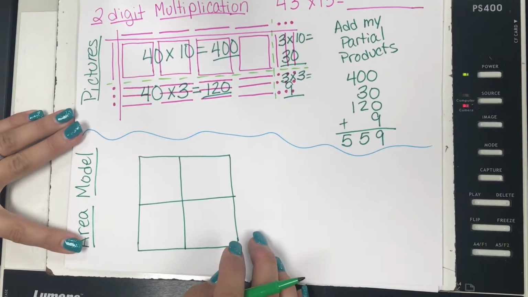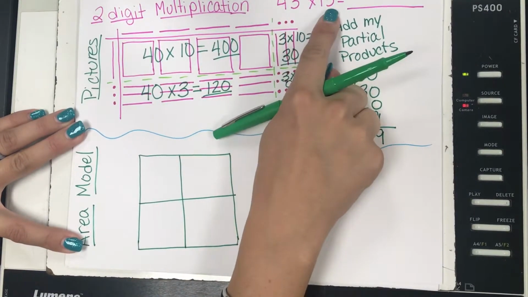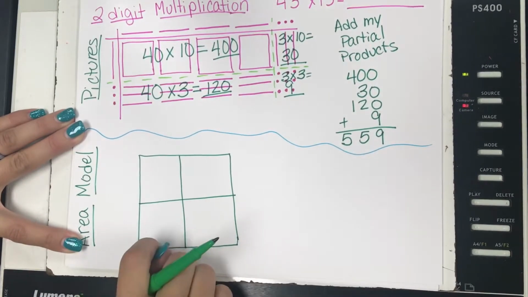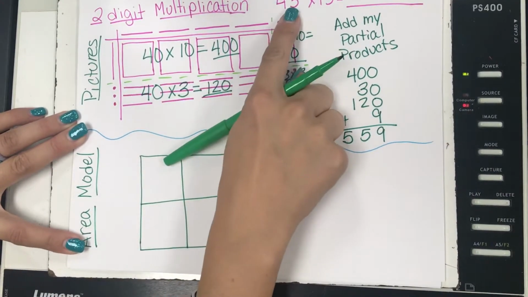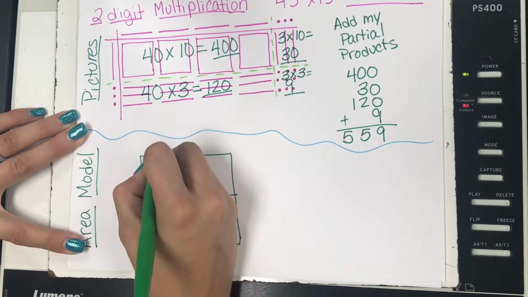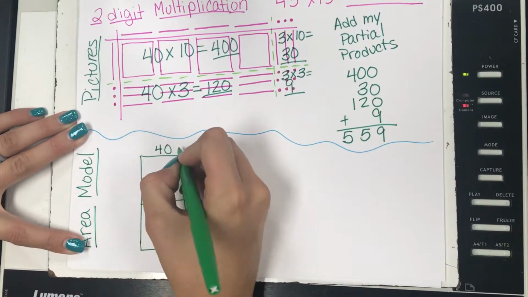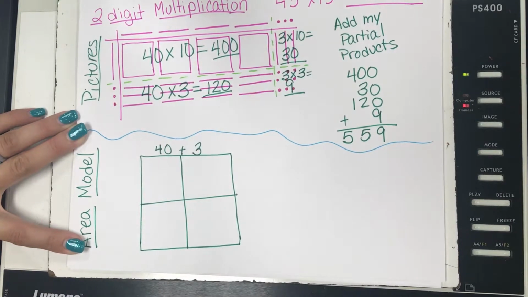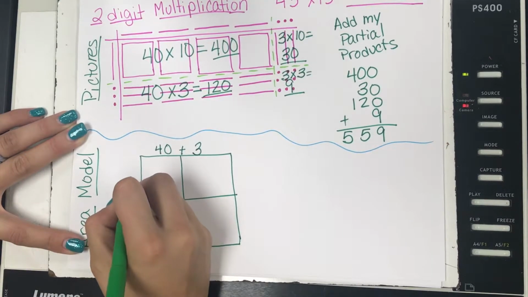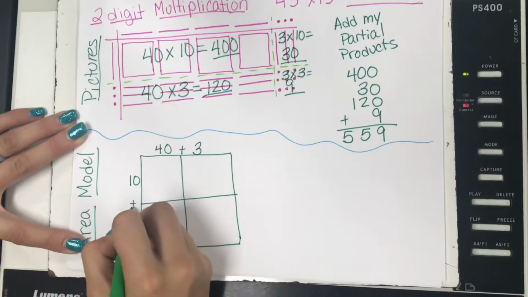And then I'm going to take my numbers, 43 and 13, and I'm going to split them into my expanded form. So if I was going to write 43 in expanded form, what would I write? 40 plus 3. What about 13? 10 plus 3.